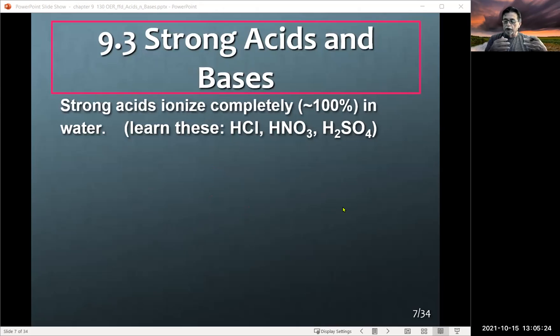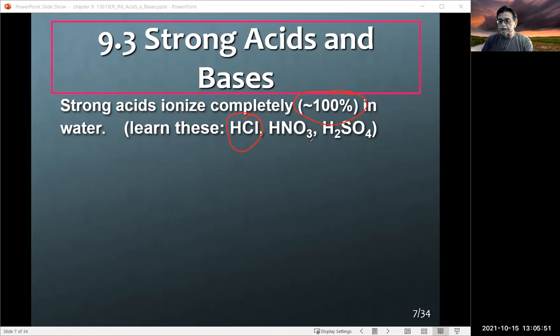And there are some examples of strong acids given here. The first one is HCl, a very familiar acid. If not, it should be because it's in your stomach. Okay, hydrochloric acid, very strong acid. And it's strong because in an aqueous environment, it completely dissociates, approximately 100%.